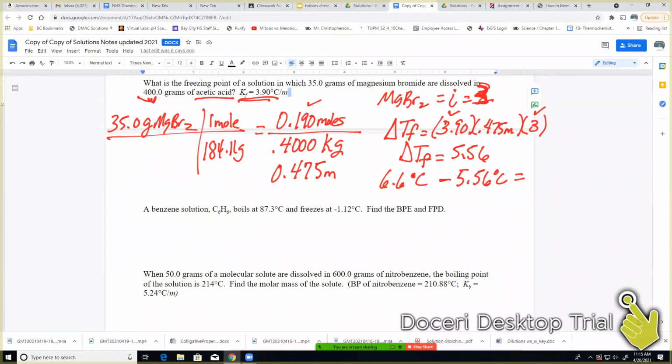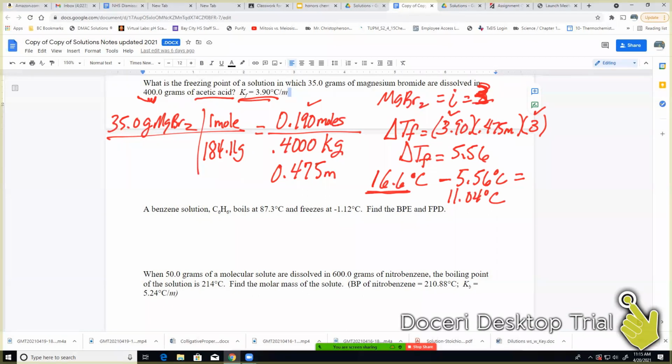Well, I'm sorry, this wasn't 6.6. This was 16.6. I have trouble reading my own writing. 16.6 came from the chart at the top of the page. Original freezing point minus 5.56 degrees Celsius would give me 11.04 degrees Celsius. That would be my new freezing point.